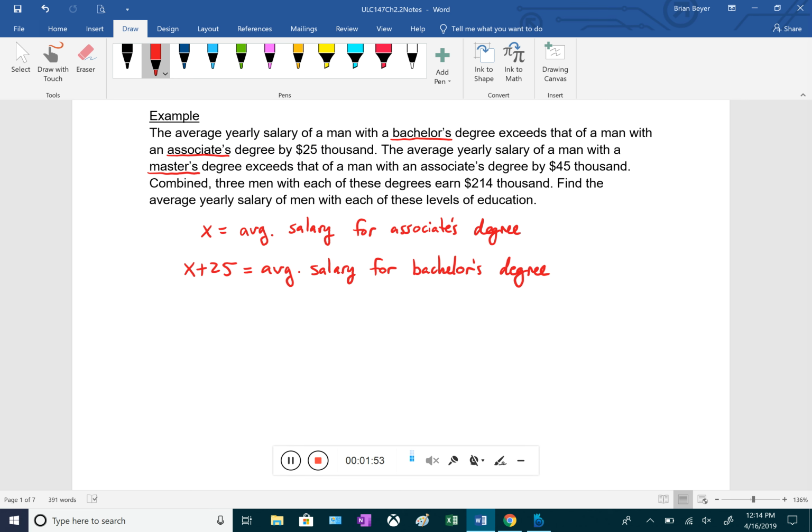And now for looking at the master's, it exceeds the associates by $45,000. So once again, this is going to be in terms of the associate, so it's in terms of x. It's going to be x plus 45. Okay, so if the associate's degree earns x, bachelor's earns x plus 25, and master's earns x plus 45.